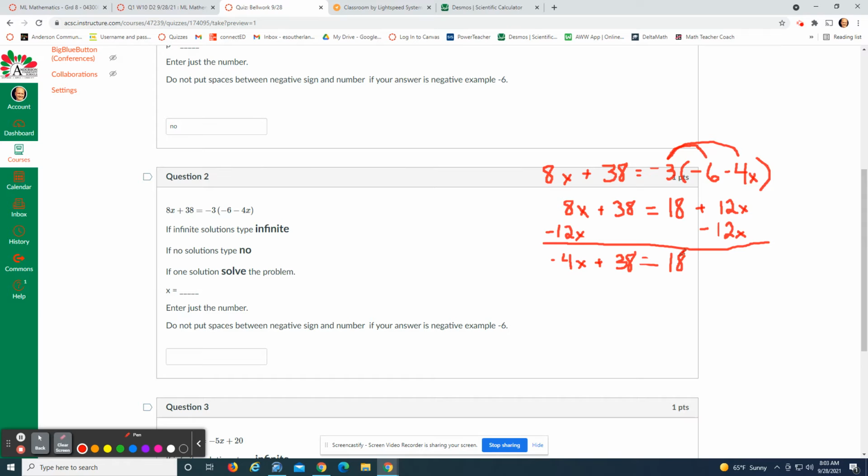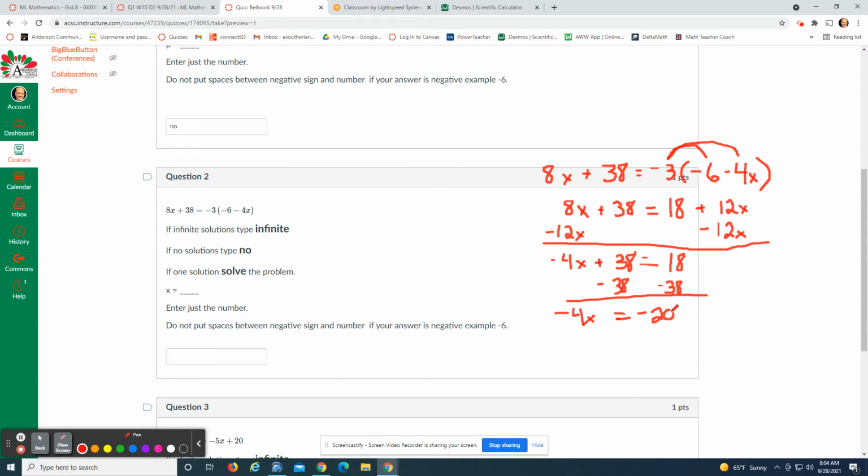What do I do next? Minus 38 on both sides. Negative 4x comes down because we didn't do anything with it. The 38's cancel. The equal sign drops down. 18 minus 38 is negative 20.